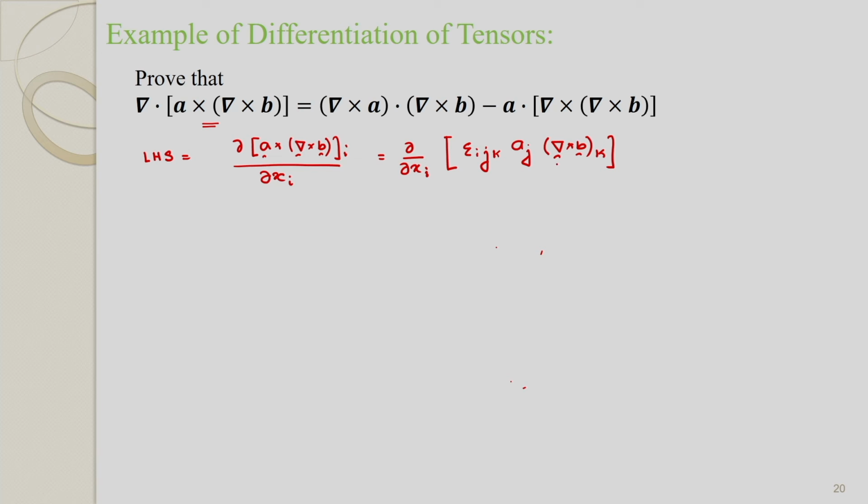Now if you see, this vector curl of B is also appearing in the RHS as it is.